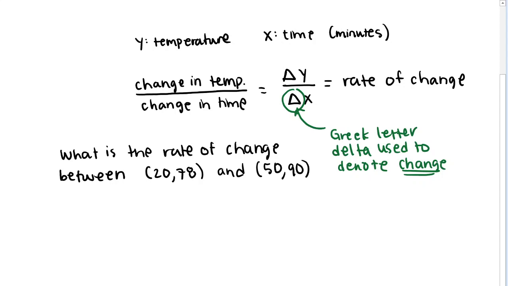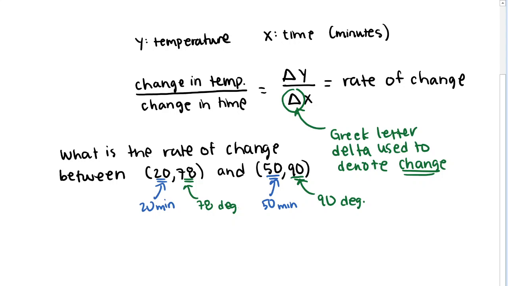So here, these are two points that we saw in our table a moment ago. The point (20, 78) was saying that at that 20-minute mark, the temperature in that oven was 78 degrees. And this point is saying that at that 50-minute mark, the temperature in the oven was 90 degrees.